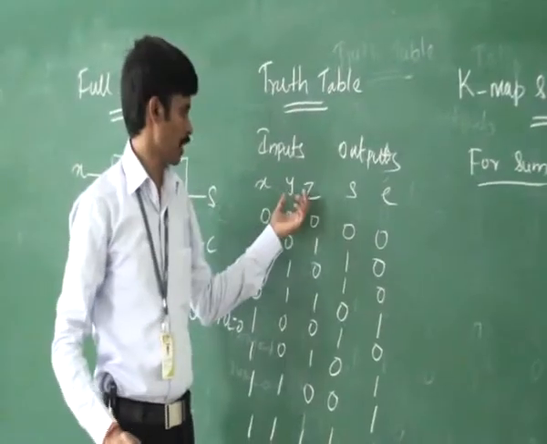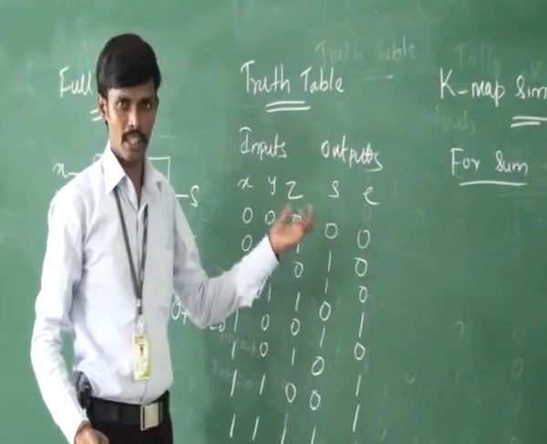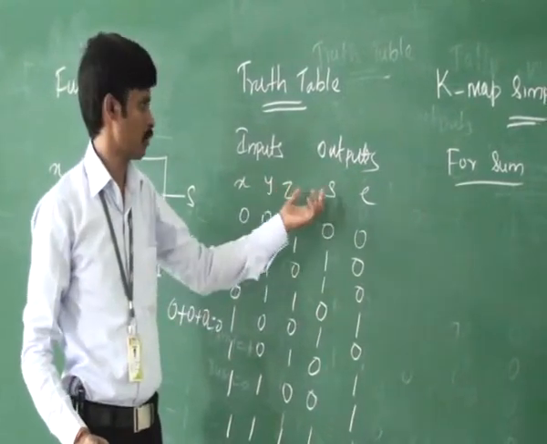Here we have 3 input variables x, y, z. So we need a 3 variable K-map to find the Boolean expression for sum.